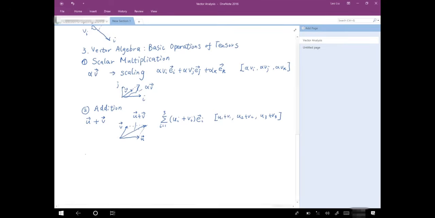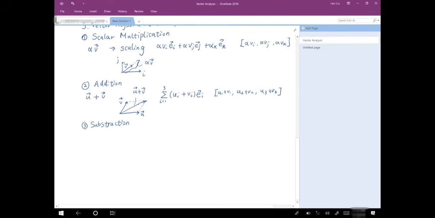And subtraction, actually, we can get a subtraction based on the definition of addition. They are closely related. So for subtraction, we also have U and V. Then what is U minus V?